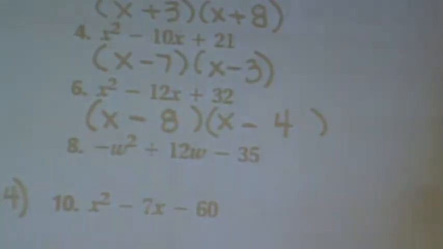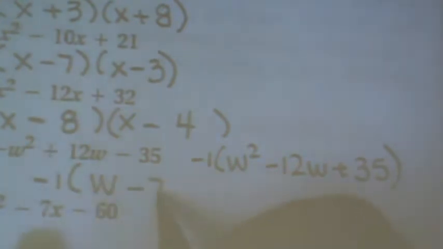Number 8, you're going to want to pull out a negative 1, and you're left with w squared minus 12w plus 35. So what times what is 35 but adds to be negative 12? So that's going to be 7 and 5. And the last one, what times what is 60 but adds to be negative 7?